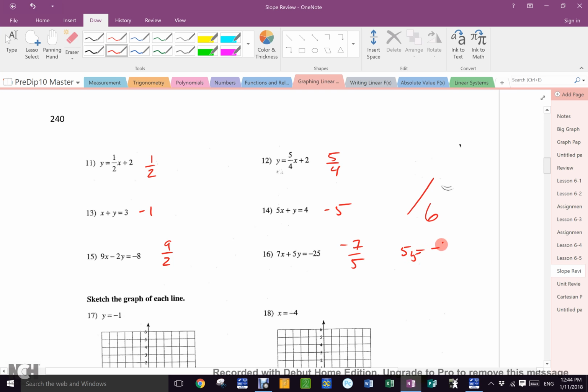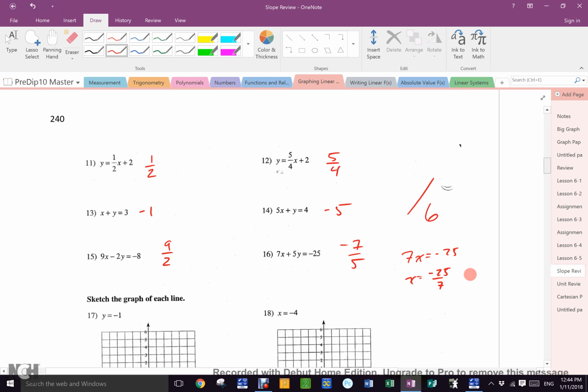5y equals -7x minus 25. I brought the 7 over, and then I divided by 5. If you wanted to do the slope through the intercepts, then 7x equals -25, so x equals -25/7.